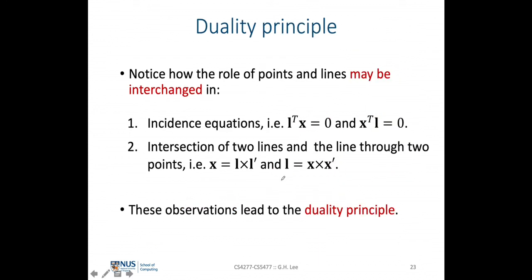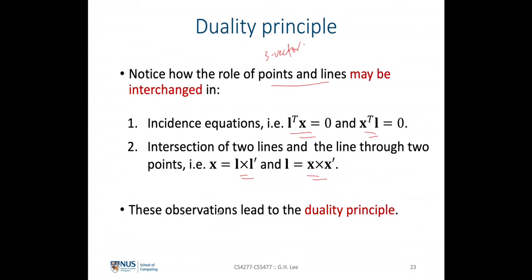Now, through the incidence relation that is denoted as the dot product, we can see that the roles of points and lines, since they are all three vectors over here, can be interchangeable in the incidence equation in the dot product. And the intersection of two lines and the line through 2 points can also be interchangeable, using the cross product over here.